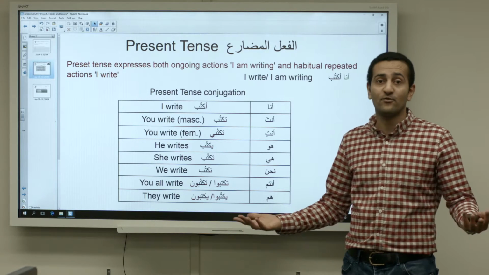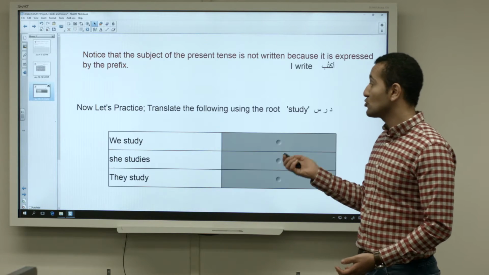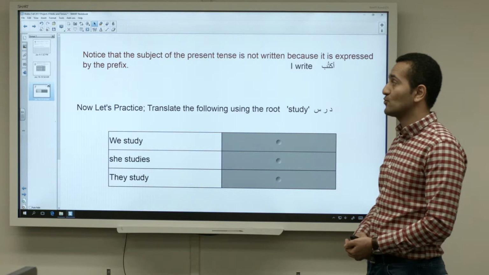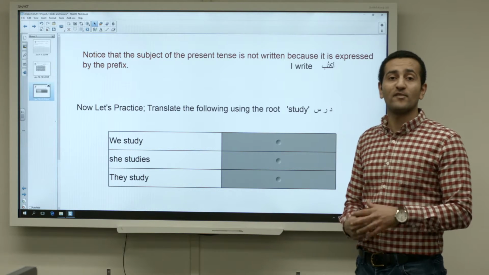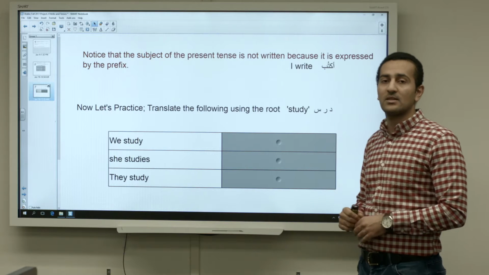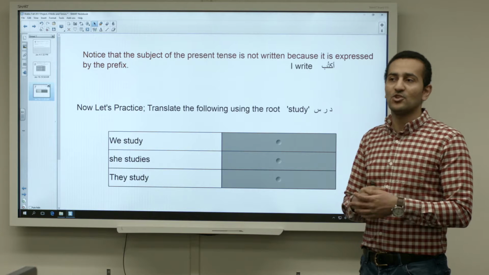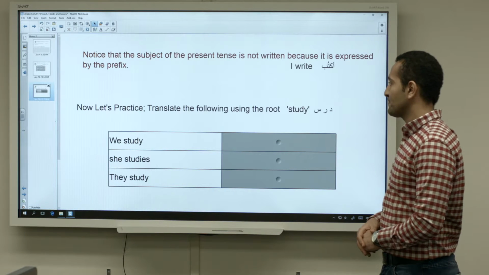That's why usually it is not used in spoken or in written Arabic as well. For example, I write, أكتب, just the verb conjugated, because I don't need to say أنا أكتب. And now let's practice.